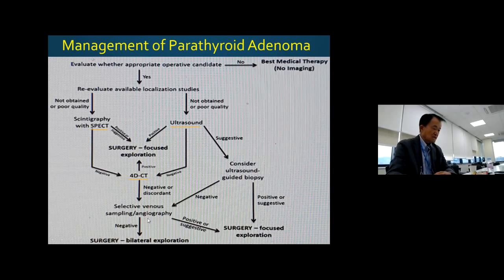Occasionally, in the old days, we did a lot of venous sampling, and still do some venous sampling before and after surgery to check parathyroid hormone, and certain angio, but those are rare nowadays. Usually venous sampling for parathyroid hormone is done since they open up and then they check. So that's the usual.